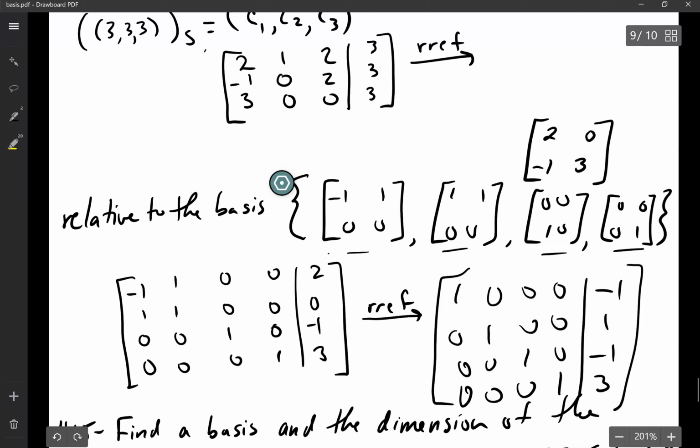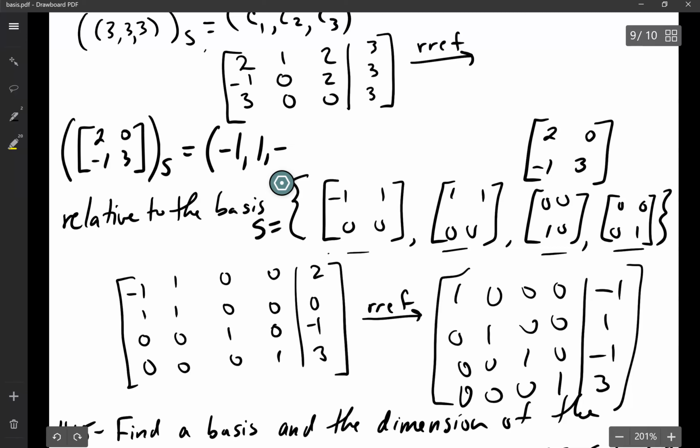All right, so the coordinate vector, if I call my basis S, the coordinate vector of 2, 0, -1, 3 relative to S is -1, 1, -1, 3. That's how I find the coordinate vector relative to a basis.